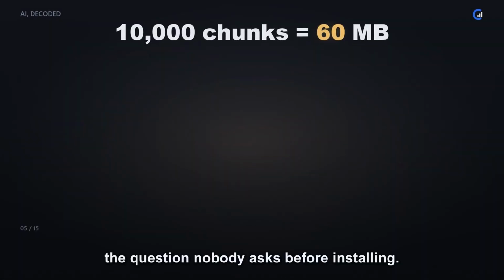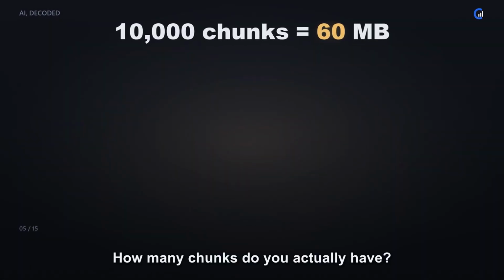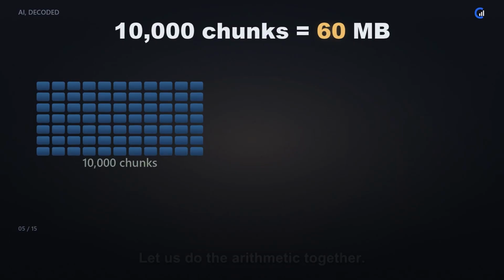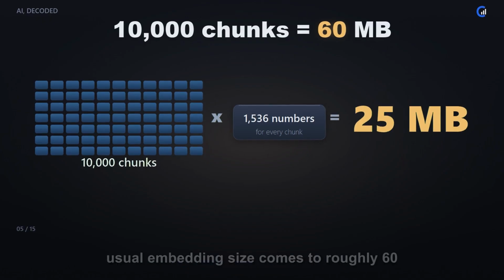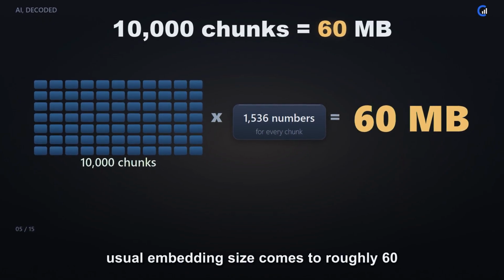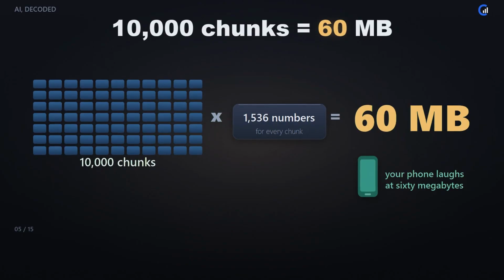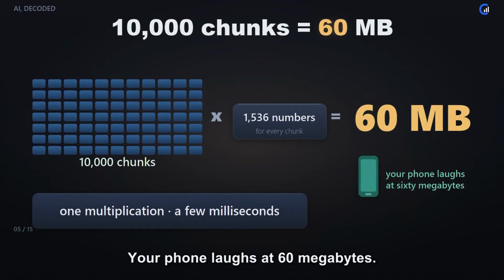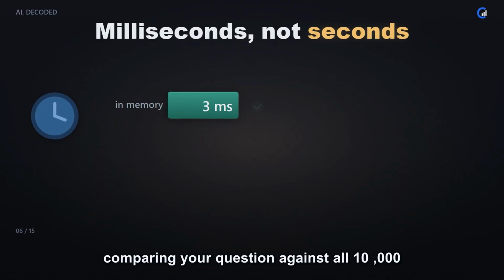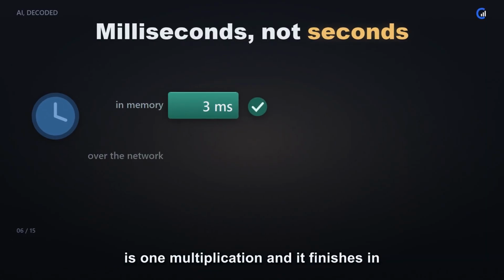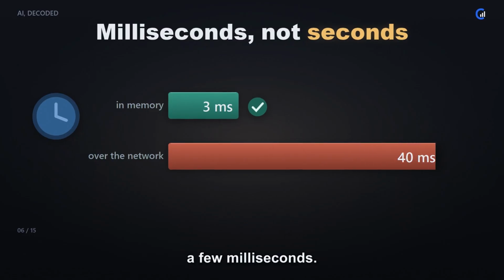Now the question nobody asks before installing: how many chunks do you actually have? Let us do the arithmetic together. 10,000 chunks of text at the usual embedding size comes to roughly 60 megabytes of numbers. 60. Your phone laughs at 60 megabytes held in memory. Comparing your question against all 10,000 is one multiplication, and it finishes in a few milliseconds.